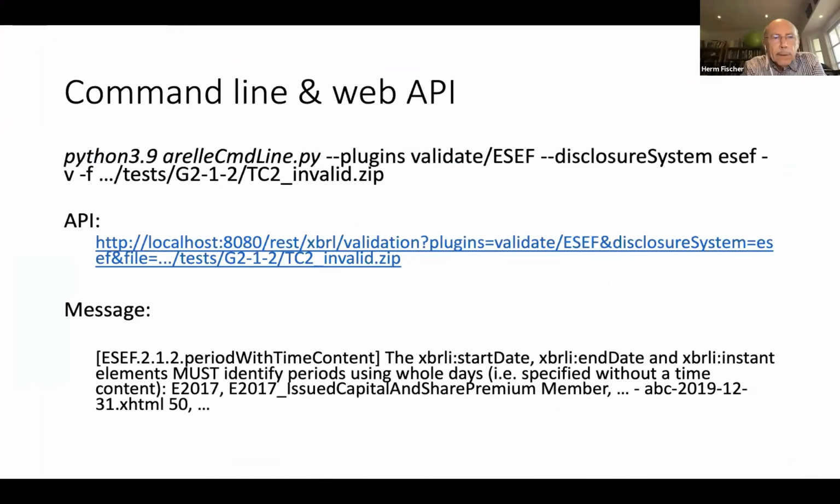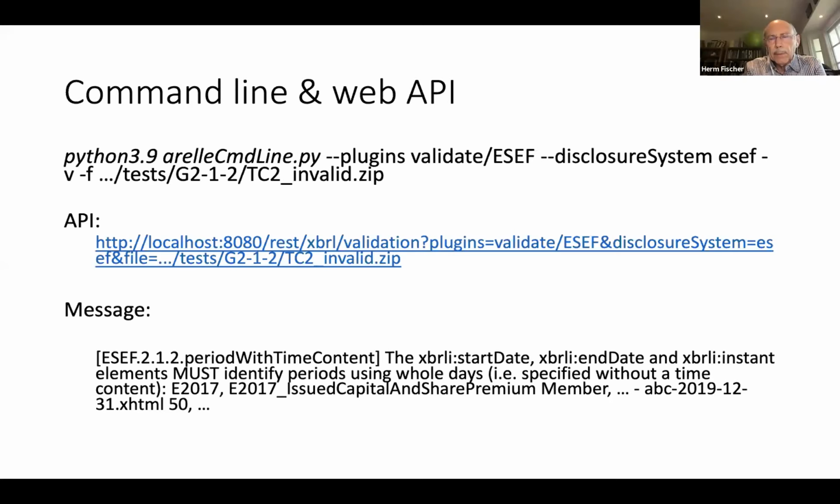For integrators, there's a number of different ways to integrate. There is command line style integration, which can also be directly called from Java and C# code. And there's a web service API, a REST type call with basically the same features, same parameters as the command line option.